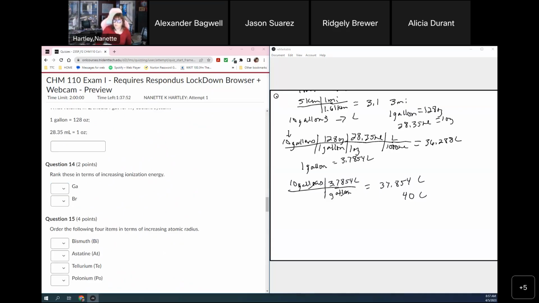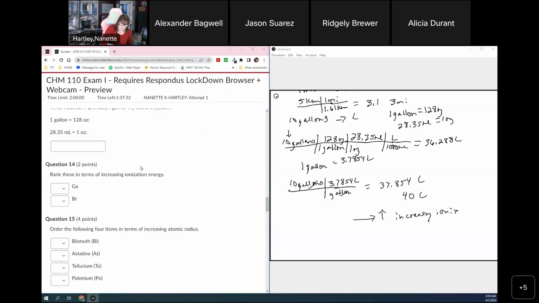Now, when we talk about our periodic trends, and we are looking at something like ionization energy, I know that ionization energy increases as we go across the table and up.